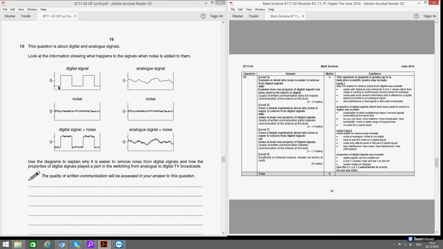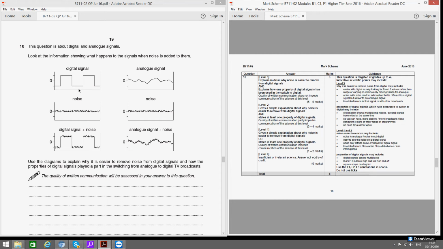You could say that was false, true, or off, on, off, on. You get the idea. It's only got 2 values. Analog signals have a continuing value, so the interference is far more severe here than it would be for just 2 values.